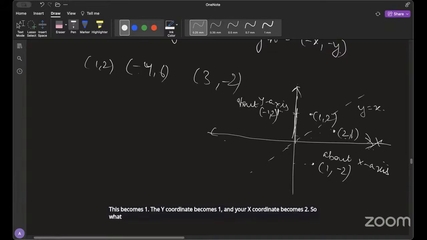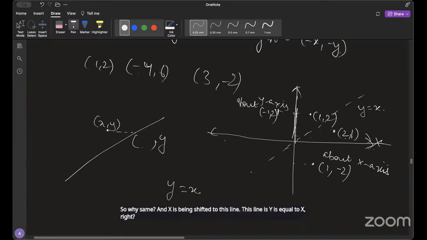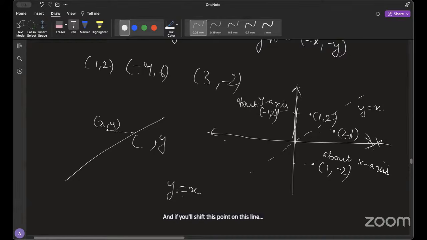So what you're doing is, if this is your point xy, then you keep your height the same and shift this x onto this line. So y is the same and x is being shifted to this line. This line is y equals x, right? If you shift this point on this line, then this point will become y.